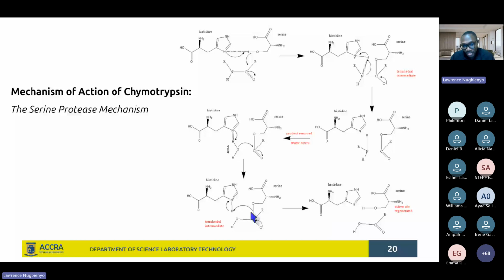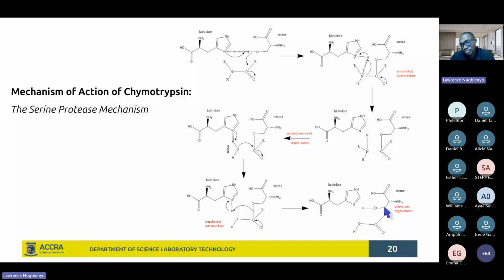Now, from here, you see that there will be the removal of the second side of the protein, which was still on the serine residue, with the introduction of water. So you see it's removed. That side is also removed when you have the hydroxyl group from water binding onto that carbon, and it's removed completely. The hydrogen, which was transferred from water onto that nitrogen, now goes back onto the serine molecule.